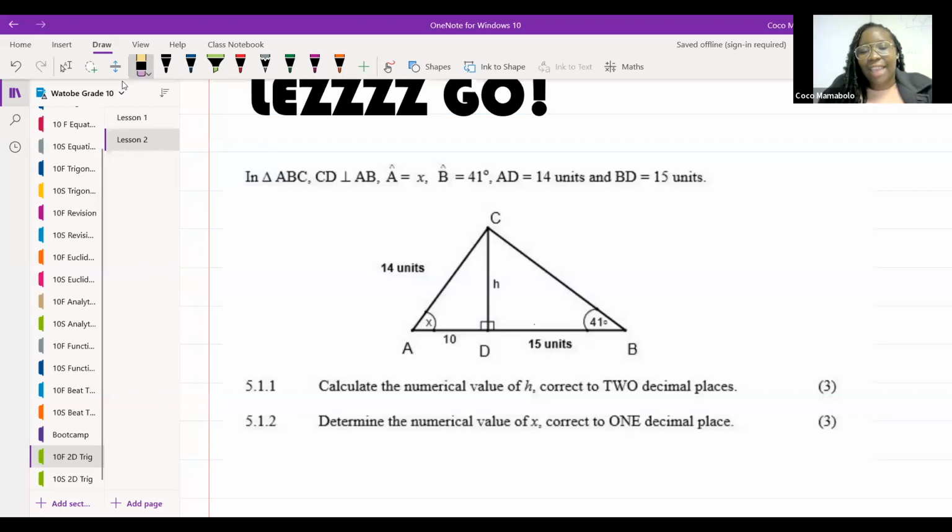Then it says, angle A is equal to x. Now, I'm going to ask you guys again. They've already told us it's an angle. What are we going to do? We've got an angle. What are you going to do, guys? To solve for the angle, because obviously they're going to ask us to solve for the angle.